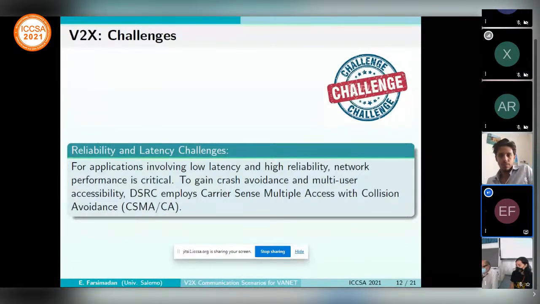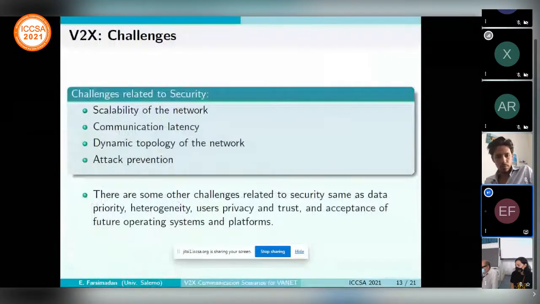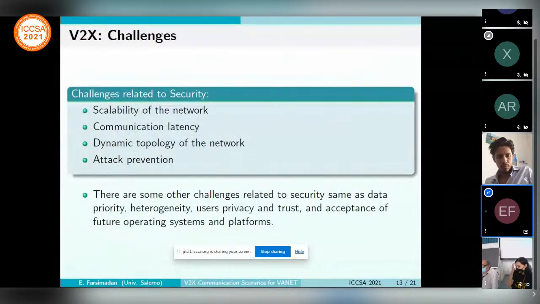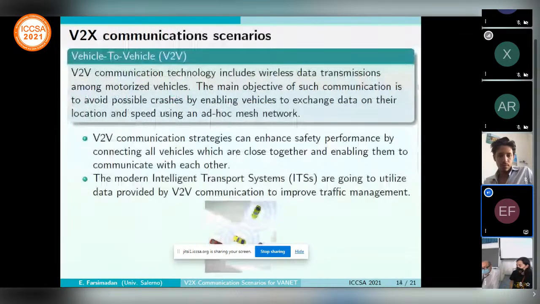Challenges related to security are divided into four categories: scalability of the network, communication latency, the most important one, dynamic topology of the network, and attack prevention. There are some other challenges related to security that I mention here, and I will go on quickly because I don't have a lot of time.